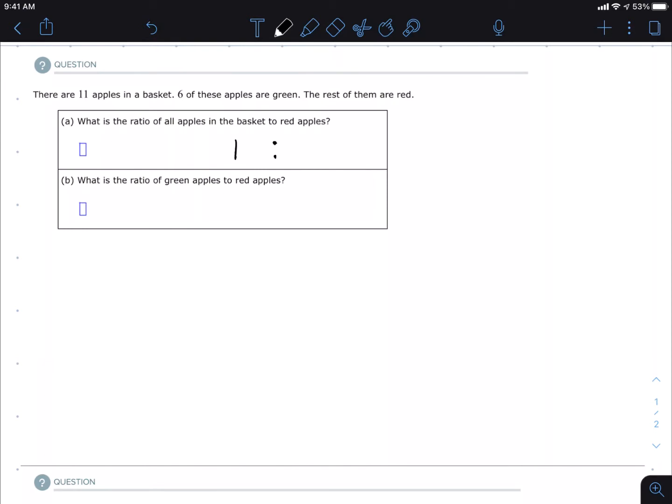So we had 11. How many were red? 5. So that's how you write that. It's going to be 11 to 5, or if you want to write that as a fraction, it ends up being 11 over 5. Is that clear?